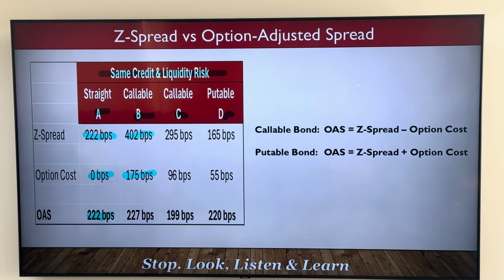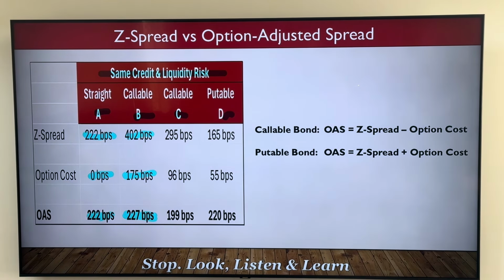And so if I want to do a direct comparison between bond A and bond B, I need to remove the cost of that option from bond B. If I remove it, I get down to an option adjusted spread of 227 basis points.